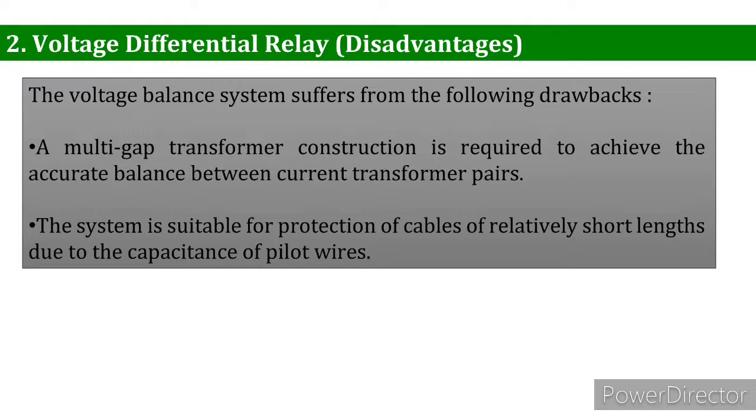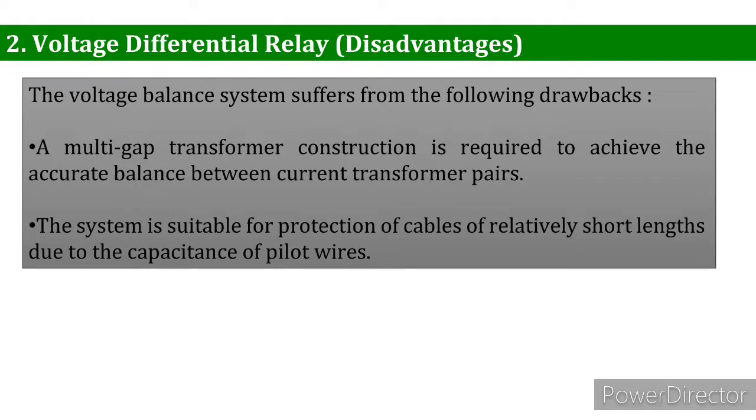the capacitance phenomena occur. So due to that capacitance, the voltage levels can change, and that voltage has the tendency to operate the relay. So we can say due to that capacitance problem, a false operation could be performed.